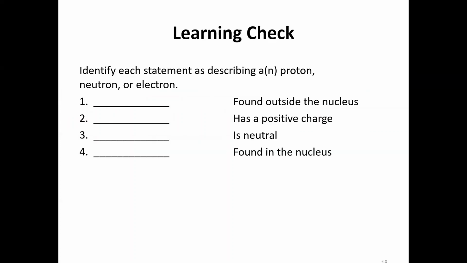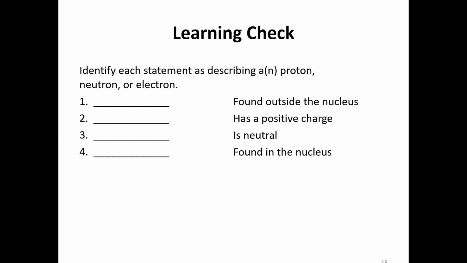So these learning checks you'll see throughout all of my PowerPoints coming up, but they're a good idea to just stop and try to answer these. And it gives you a baseline of what type of questions I might ask on a quiz or an exam. So if I ask you to identify each statement, describe it as a proton, neutron, or electron. The first one is something that is found outside the nucleus.